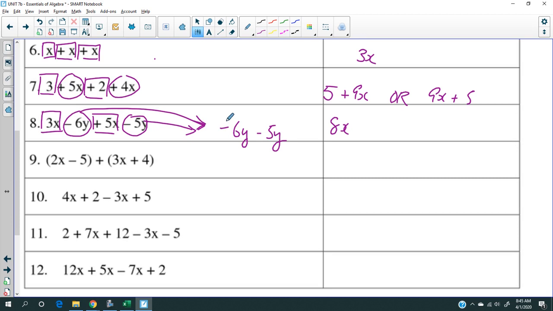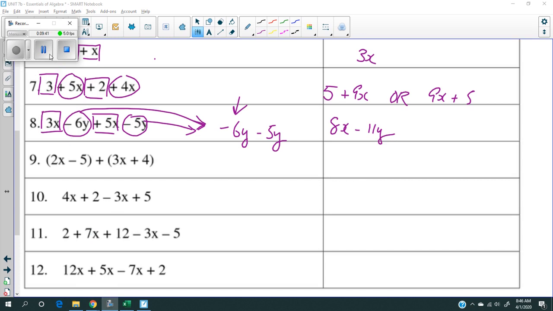Let's say you owe someone 6y. Whatever y is. I don't know, yams. You owe someone 6 yams. You borrow another 5 yams. How many yams do you owe that person? You owe that person 11 yams. So that's how that goes.